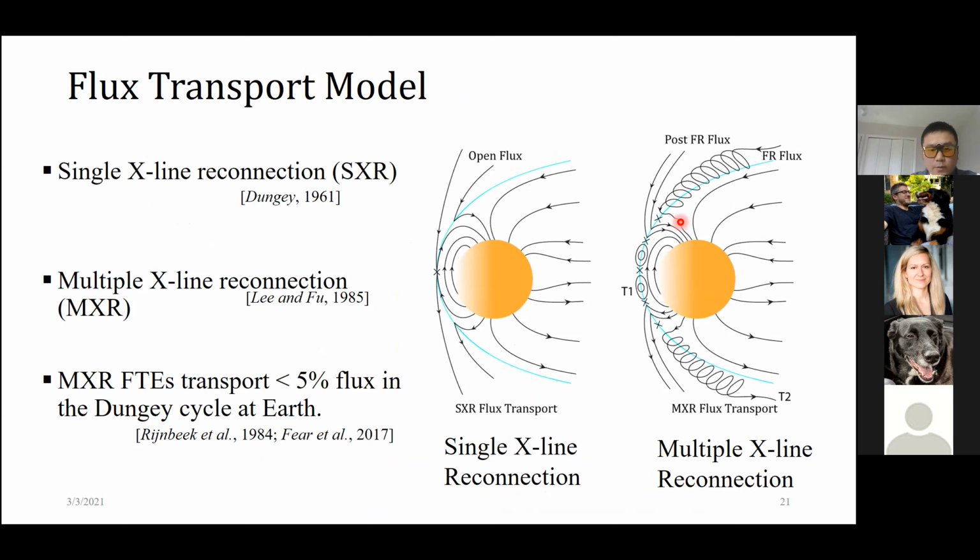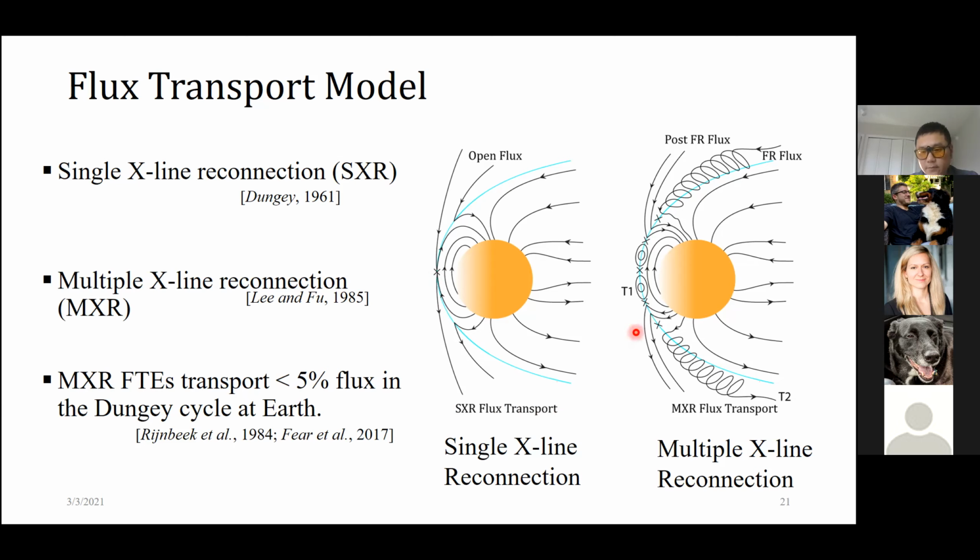The first model is a single X-line reconnection model, as shown here, proposed by Dungey in 1961. In this model, a single X-line occurs near the dayside subsolar magnetopause, and it keeps on reconnecting and transports open magnetic flux from the dayside to the nightside. That is the single X-line reconnection model.